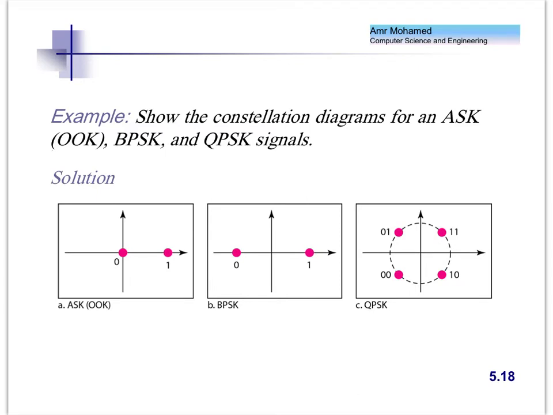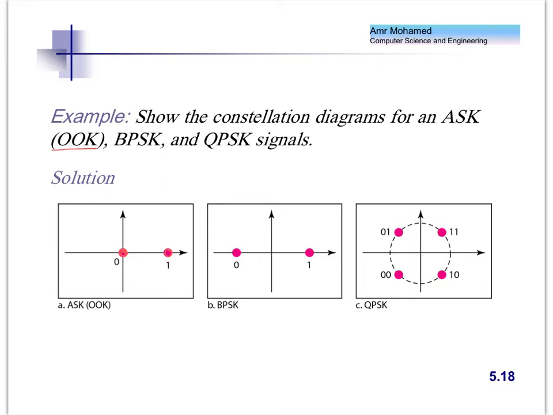So for on-off keying, as we said before, on-off keying tends to represent the 0 as 0 voltage, or a sine wave with 0 amplitude, which means it coincides with the origin, and it has an amplitude of 0 and phase shift of 0, right? And we used to represent the one as a sine wave with phase shift 0 also, but the amplitude changed, because on-off keying tends to change the amplitude, not the phase.